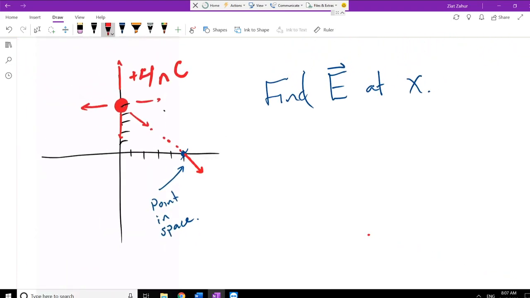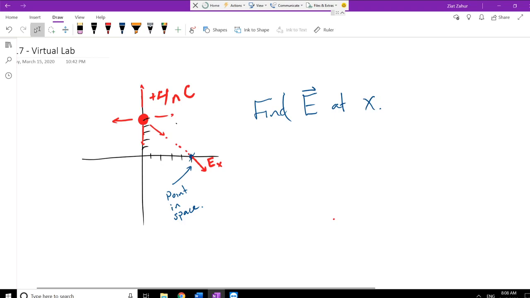So this is the E we're looking for. We'll call it EX. Okay, so again, it's not an interaction between two charges. It's just the field strength a certain distance away from our positive 4 nanocoulomb charge.